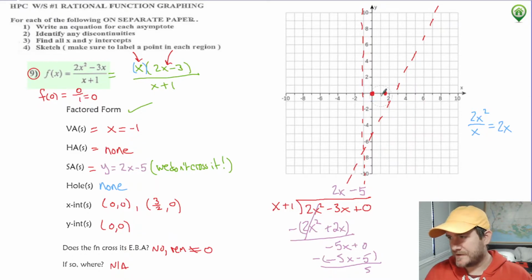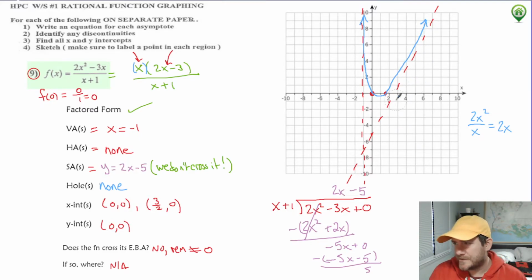But just given these 2 points here, I can rest assured that we're coming down, hitting here, achieving some minimum in the middle, turning and going back up. And because we don't cross the slant asymptote, and because the degrees of our function are relatively small, I would wager lots and lots of money that our next branch is down here.